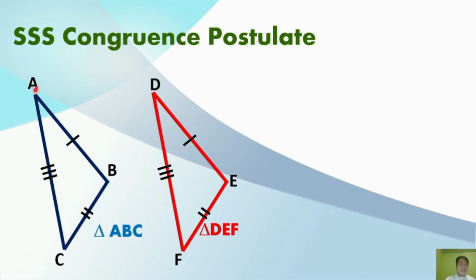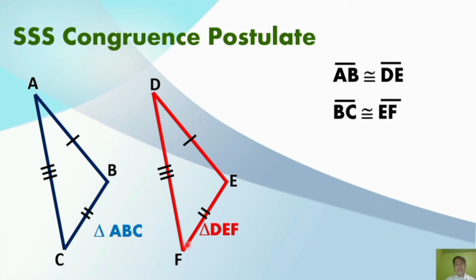Meaning, this side here, side AB, corresponds to side DE. Or we can say that side AB is congruent to side DE. Another pair of sides, we have side BC corresponds to side EF, or side BC is congruent to side EF.